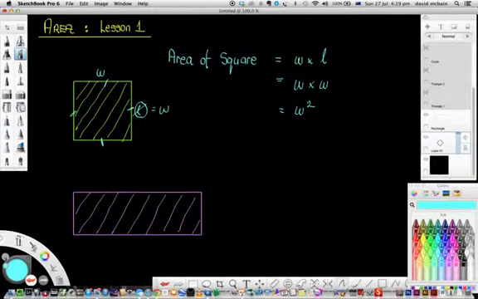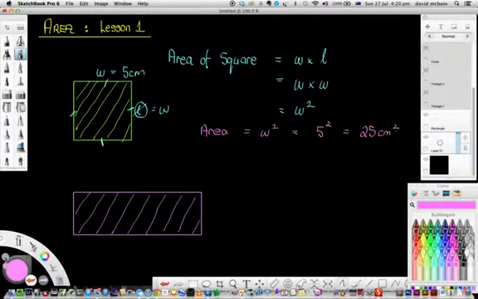So for example, if we had a square whose side was 5 centimetres, then the area of that square would equal w squared, and the width is 5 centimetres, so it's going to be 5 squared, which equals 25 centimetres squared.